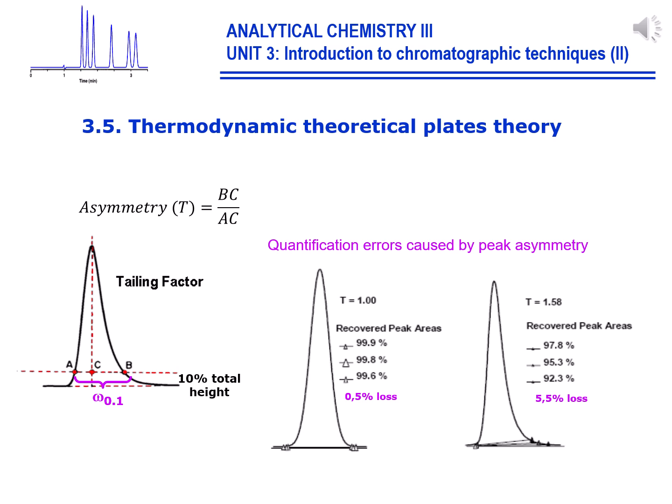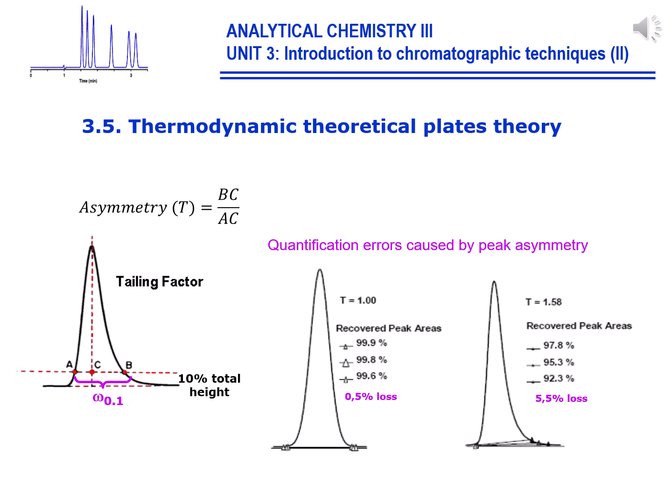In the example presented in the slide, the influence on the quantification when asymmetry increases from 1 to 1.58 depends on the peak integration criteria selected. If asymmetry is equal to 1, we are dealing with a totally symmetrical peak. Therefore, the way the software integrates the peak has no relevance.